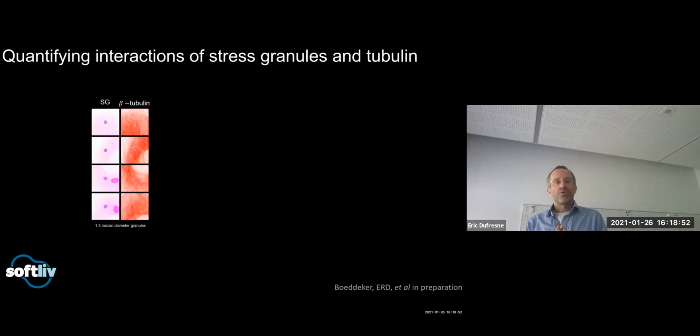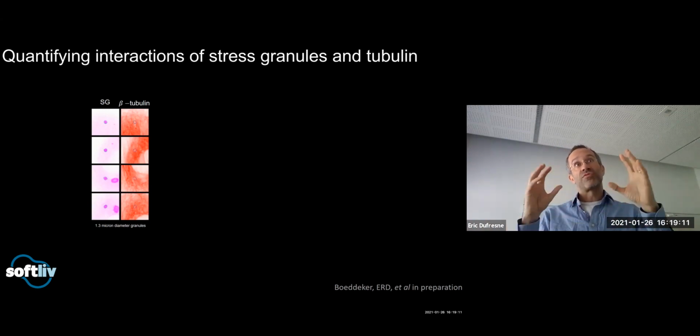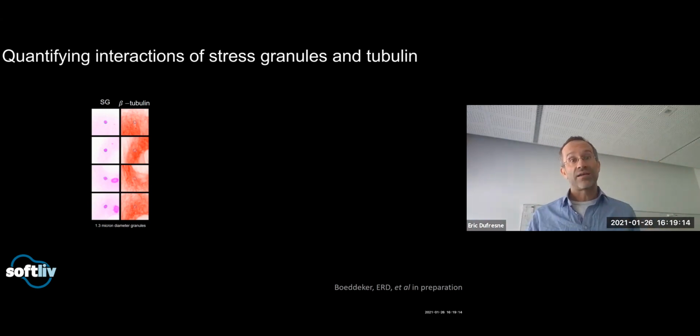The way we do it is we look at hundreds of cells, and we trigger the formation of these granules. At a certain time point, we locate all of the granules inside of the cell, and we sort them according to size. Then we collect an ensemble of these granules that have roughly the same size.